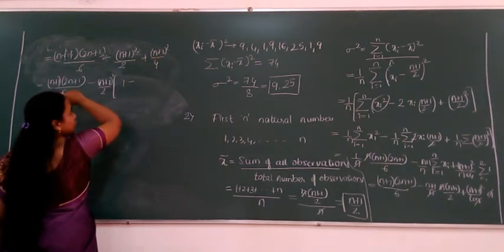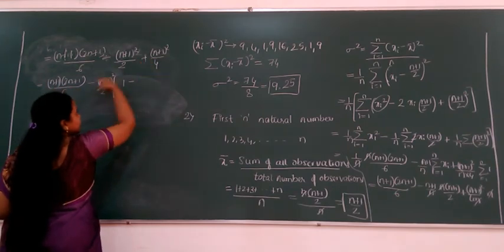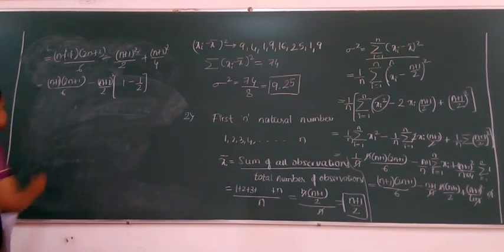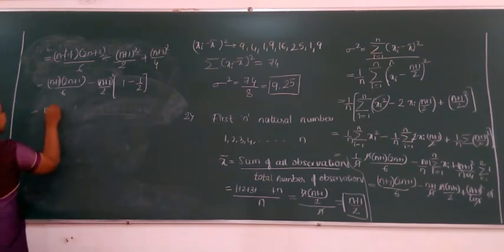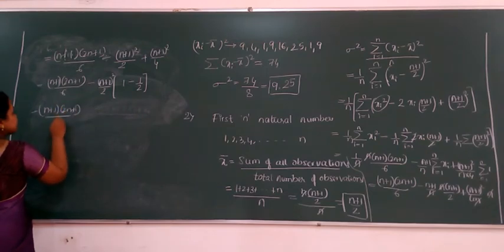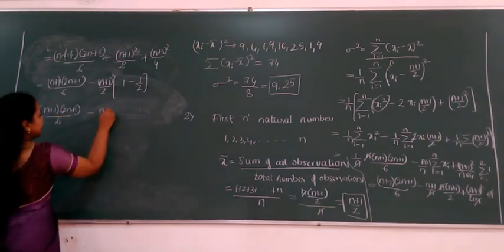The n plus 1 whole square at least has gone, 1 by 2 is gone. What does it remain? 1 by 2.